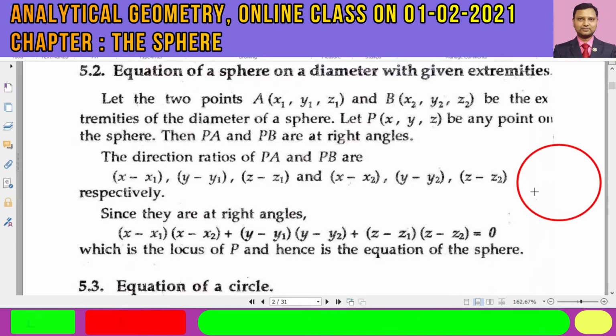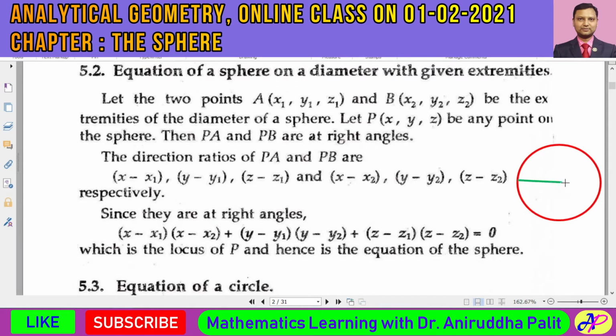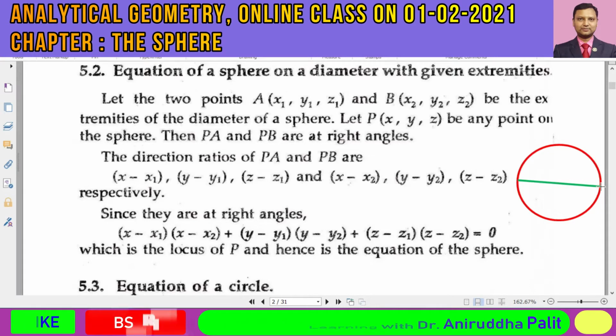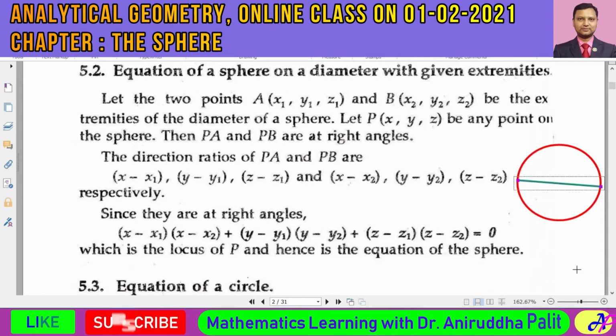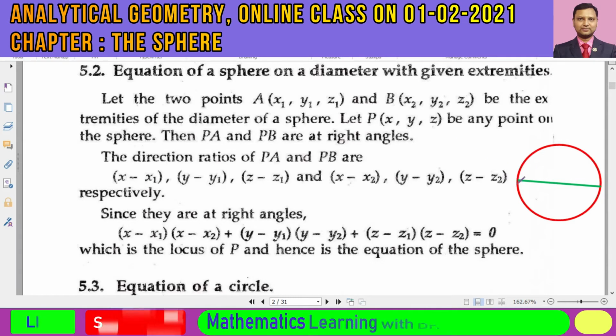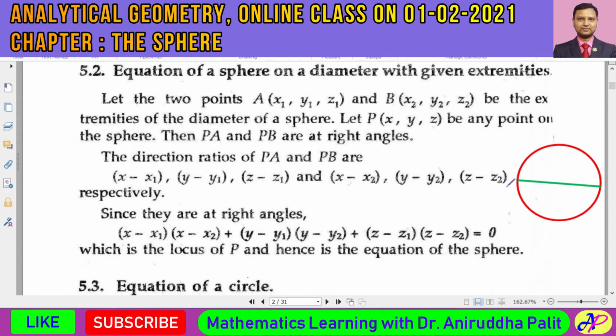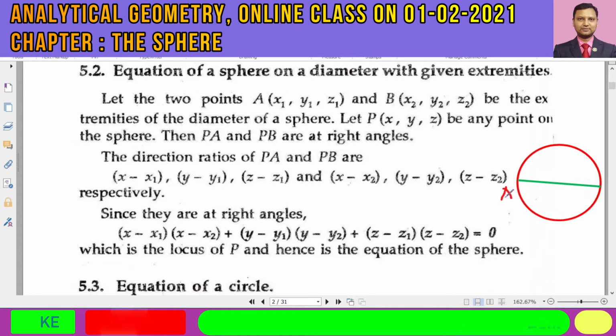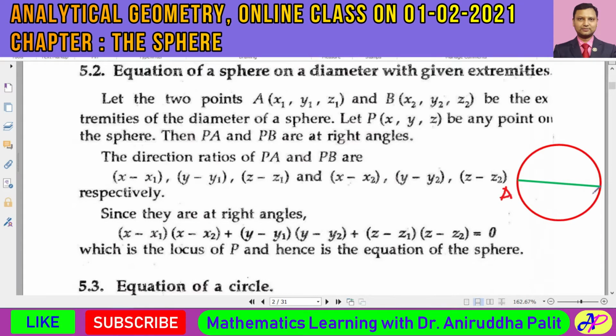And in this sphere, let us consider the diameter. If we know the coordinates of this endpoint, suppose one endpoint is A and another endpoint is B. Okay, these are two endpoints, suppose.